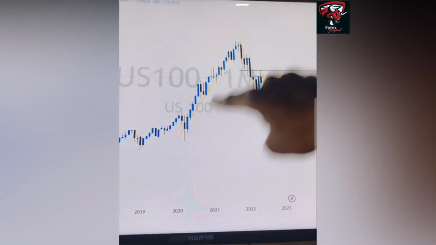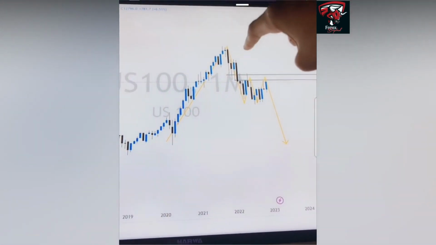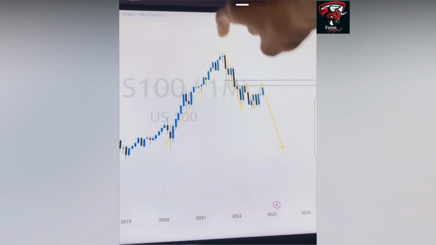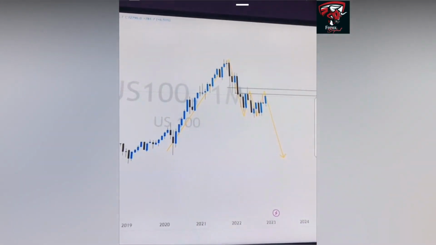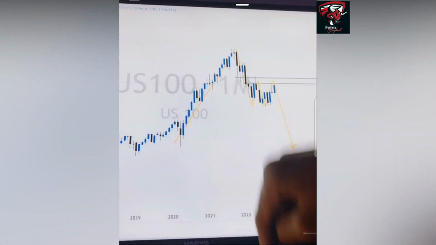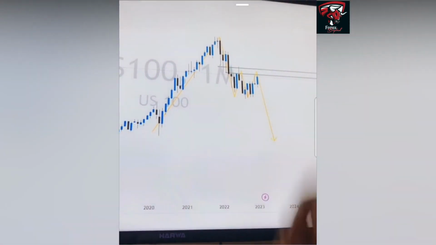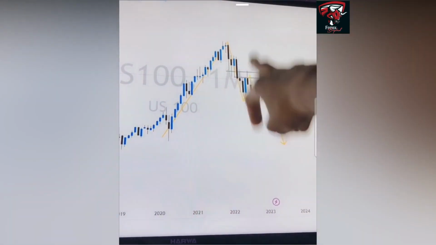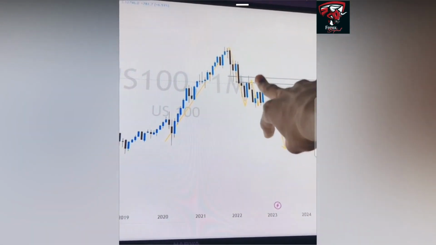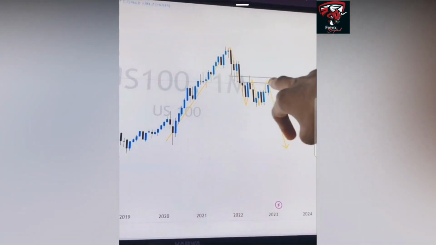When you have a huge impulse to the upside, you will have a huge impulse to where? To the downside. But before Nasdaq or indices in general move to the downside or upside, they'll always give you a pattern. Like I told you, here we're expecting an M formation, or it can even create another triple.